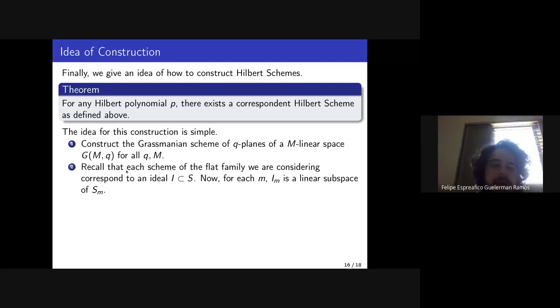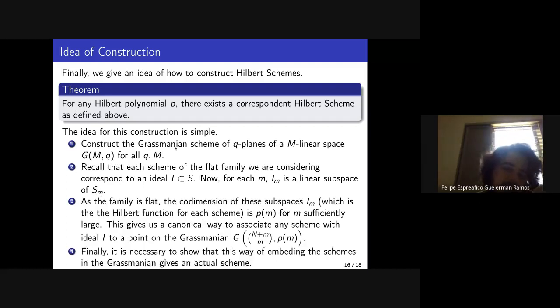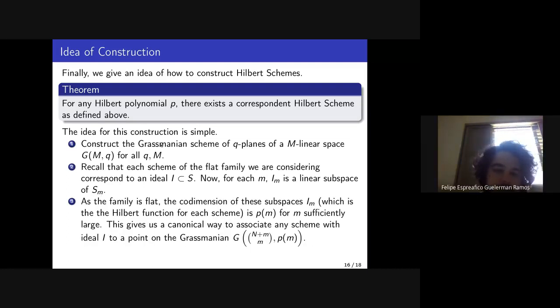Then for the flat family, remember that we have an ideal, and for each m, this ideal is a linear subspace of S_m. So we take the big M to be the dimension of this space, and the small q to be the dimension of this I_m.